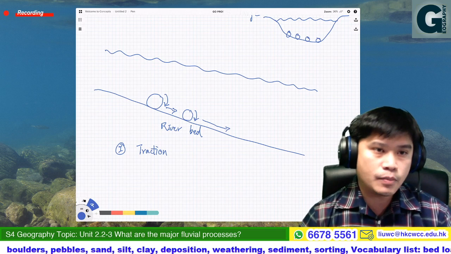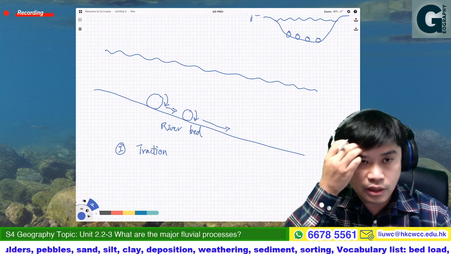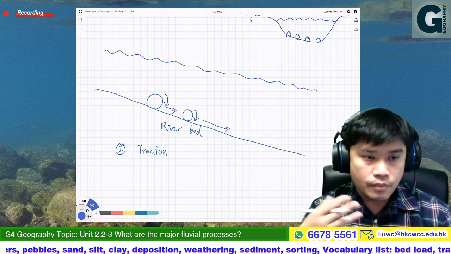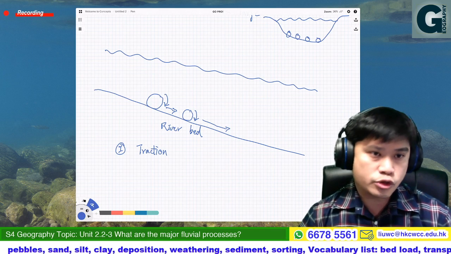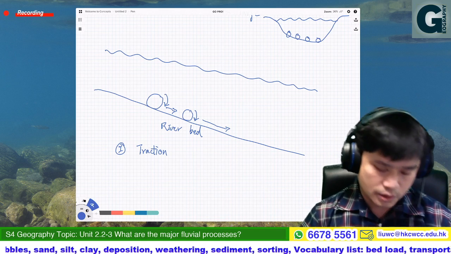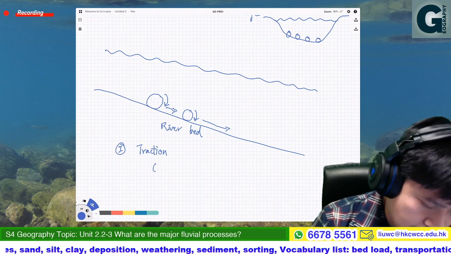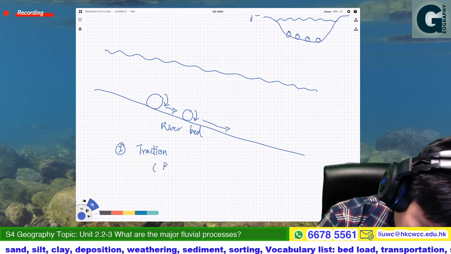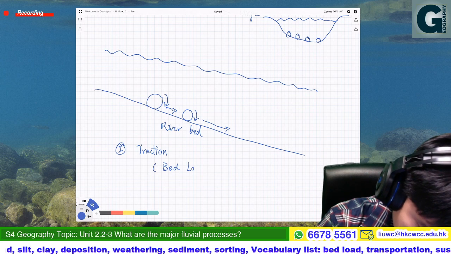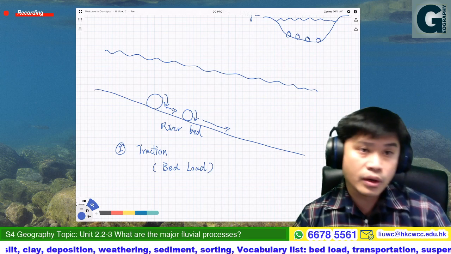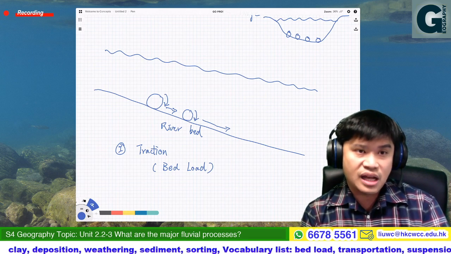What type of load may use the process of traction for transportation? Just now we mentioned that it is mainly for the bed load, as it is heavy and large.